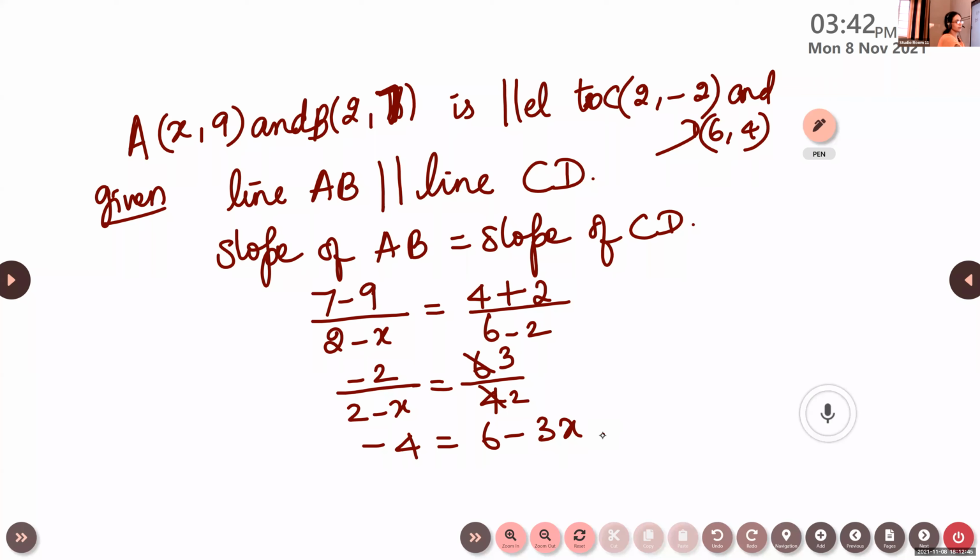What is the value of x, Anashara? 10 by 3. Children, are you able to solve this?